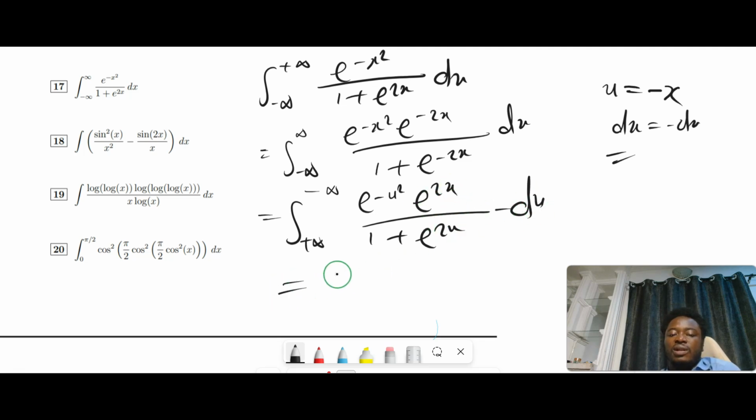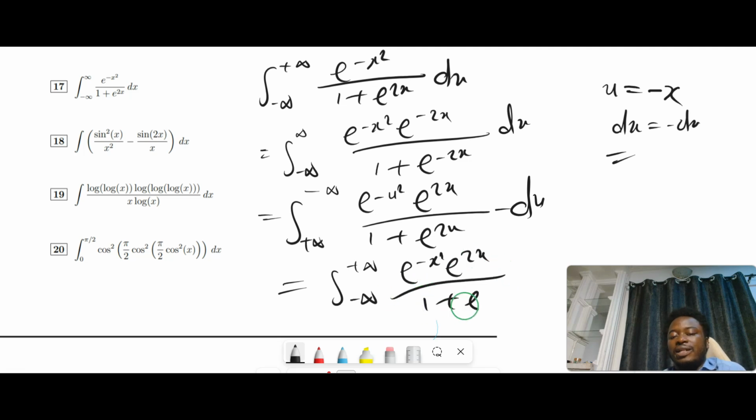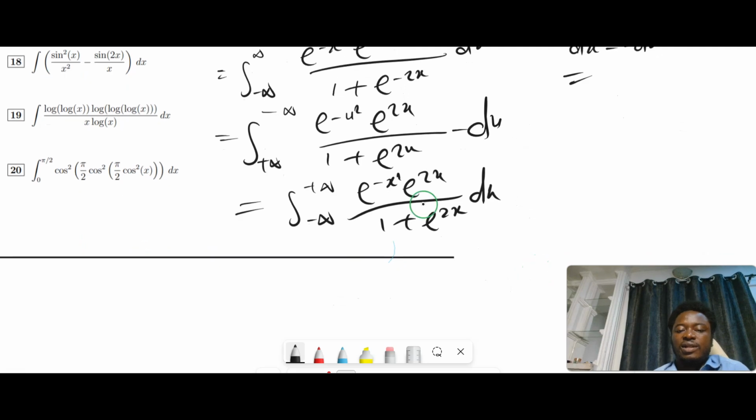So this would be the integral from negative infinity to plus infinity of, let's go back to x, e to the negative x squared e to the 2x all divided by 1 plus e to the 2x dx. Let's say this is our I.